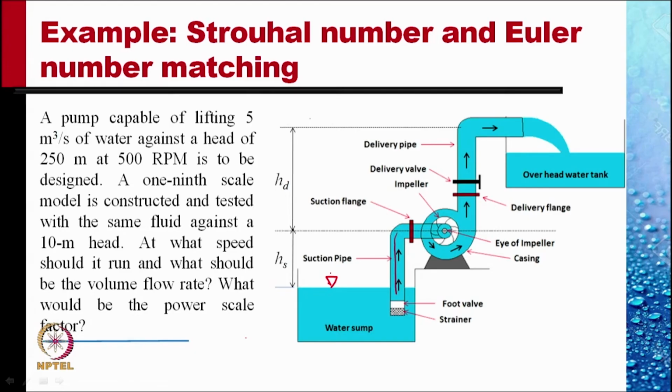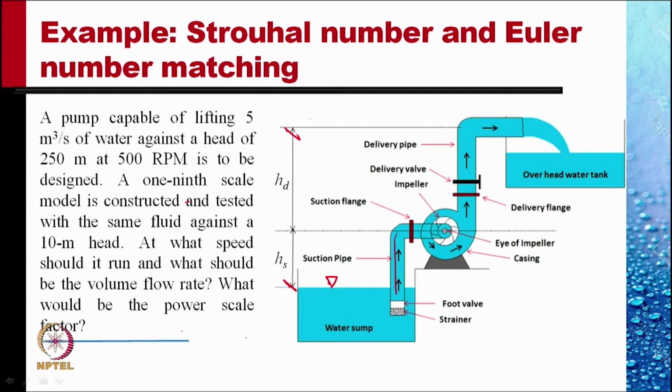A pump capable of lifting 5 meter cube per second of water against a head of 250 meters, that is, the total head from here to here is 250 meters, and the pump is running at 500 RPM. Before designing this pump, we need to make a model and test it.